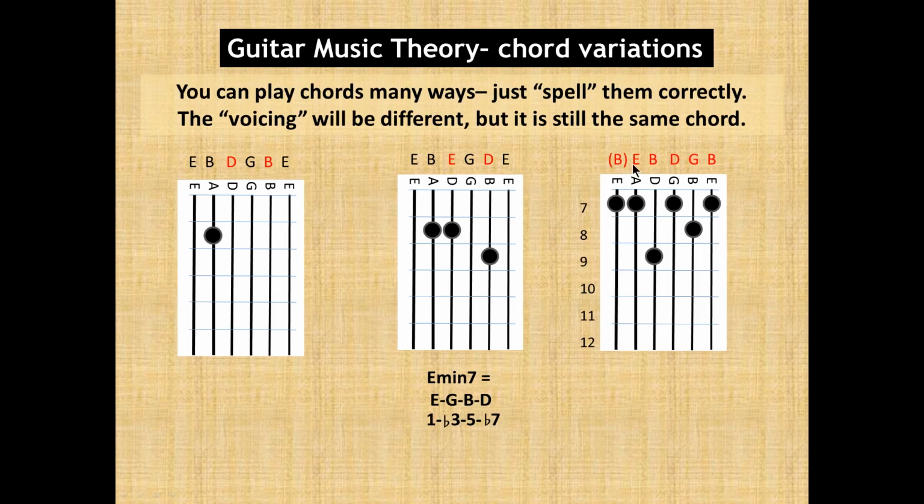And so a lot of times when people are playing this chord form, they will mute this string, and that gives you an E as your root note, and the voicing of that, for some people they prefer that. For beginners, I would encourage you to not worry about it, and it's just fine to play that B. You're still playing an E minor 7.